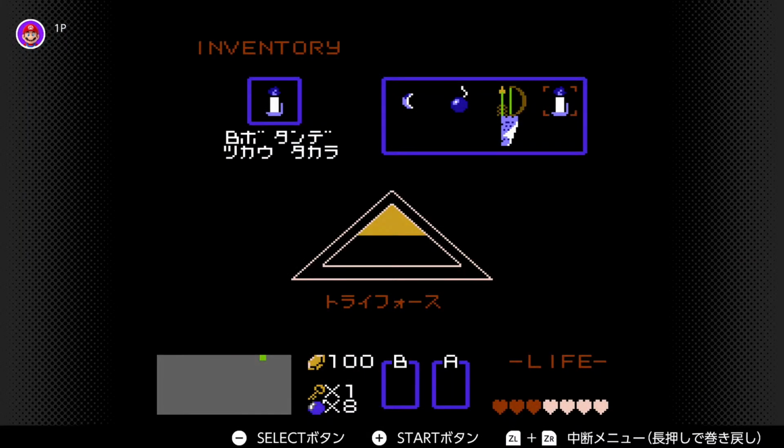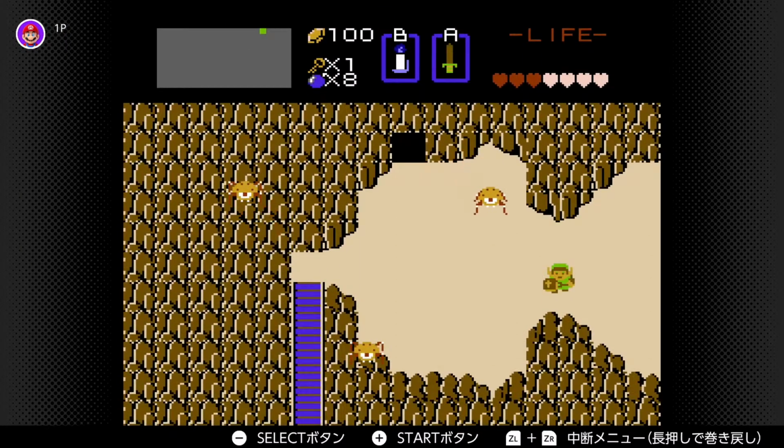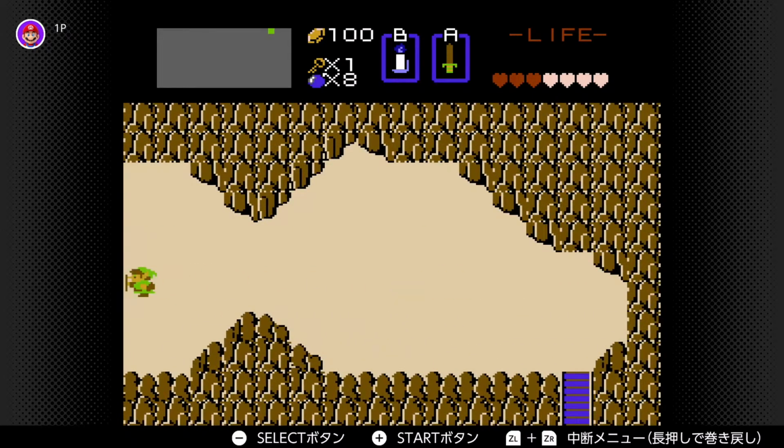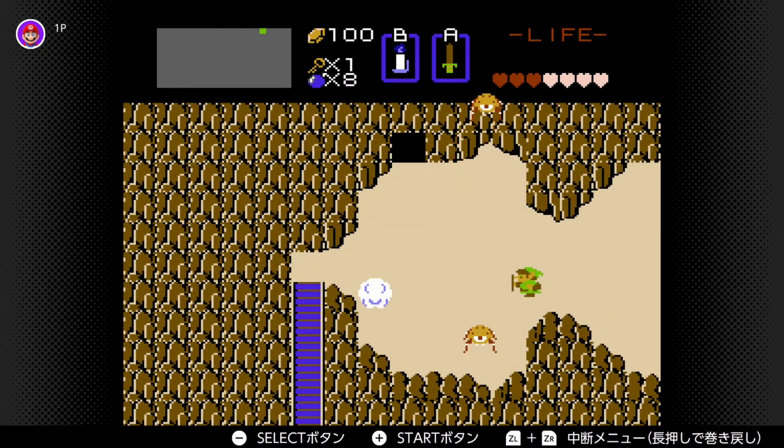Okay. We can go back. And yes, this can also be used to defeat enemies, but I can only use it once per screen. So you have to leave and come back to use it again.